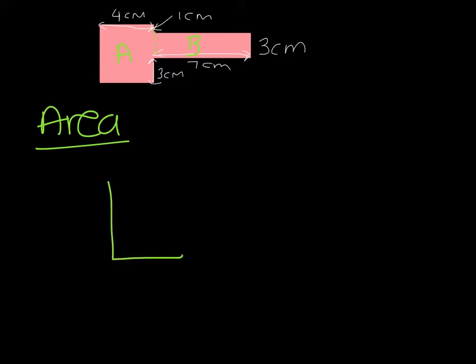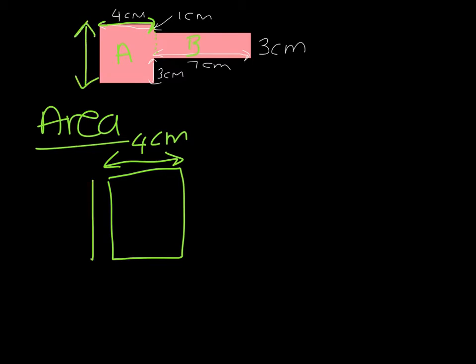So if I draw A as a rectangle, just look at the diagram and see what lengths we can get from it. So we've got 4 centimetres on the top, so I can put that 4 centimetres on there. And if I look down the side of the shape, I actually don't know that length just yet. So I'm just going to go and work that out. I need to see where else I can get the length from. So if I look on this side here, I can work out what length's missing.